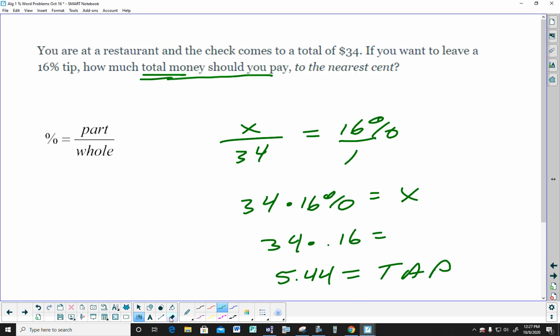That's the amount of the tip. How much total money should you pay? So what you have to do is go 34 plus 5.44. You have to add those two answers together to get $39.44. Okay? So be careful on what they're asking for.